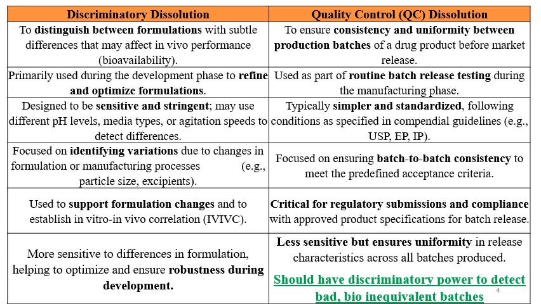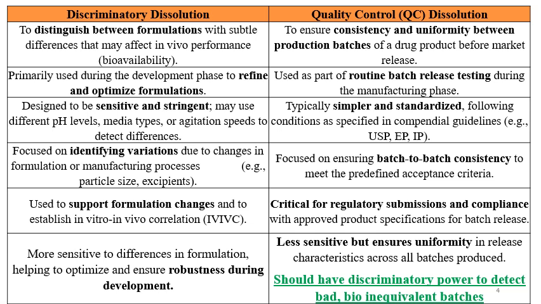So this is to optimize the formulations, to select the suitable composition, to finalize the CMAs and CPPs. While QC testing is used as a part of routine batch release during the manufacturing phase. So discriminatory dissolution is used in the formulation development phase, while QC testing is used in the manufacturing phase.